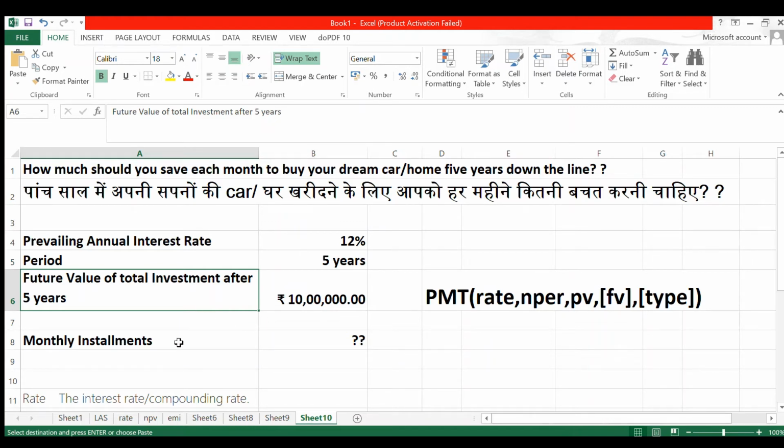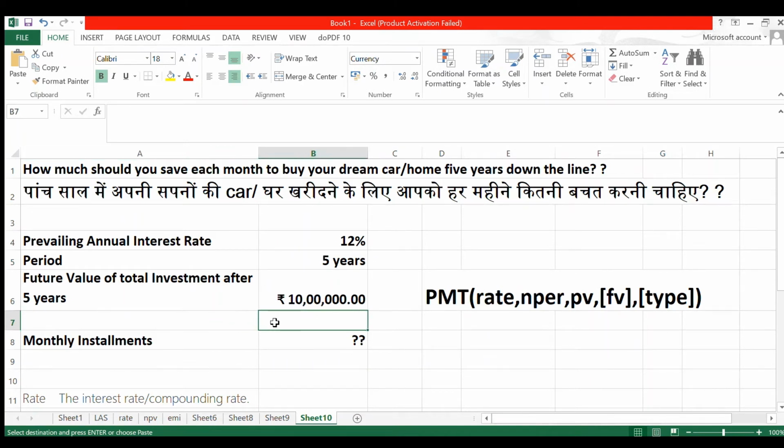Every month I am planning to pay the saving amount to the bank. So for 5 years, every month, the total number of payments will be 5 multiplied by 12, which is equal to 60.